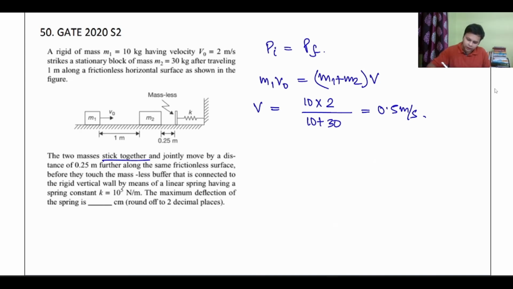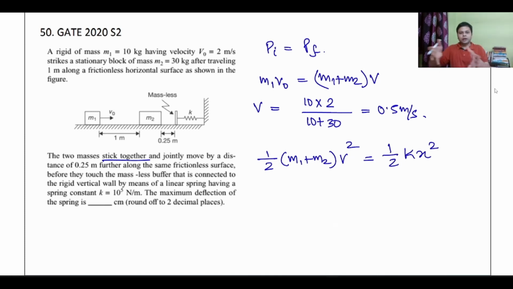So for maximum deflection, half M1 plus M2 V square, this is the kinetic energy of the M1 plus M2 system, will get converted into half k x square.